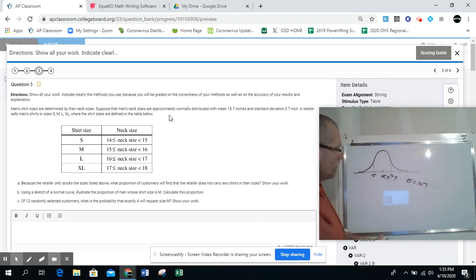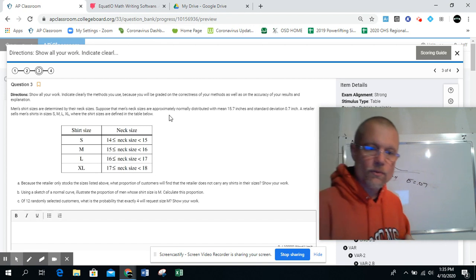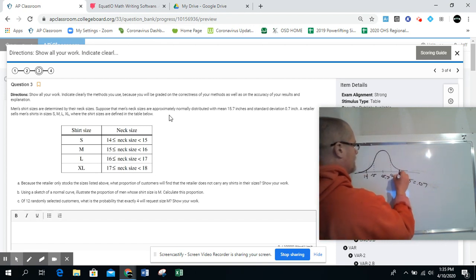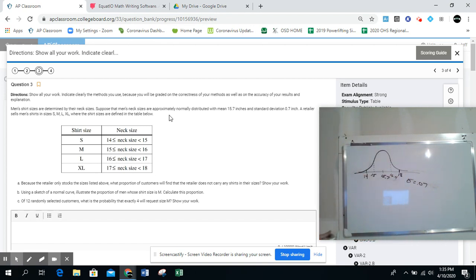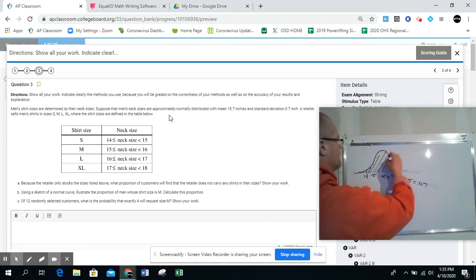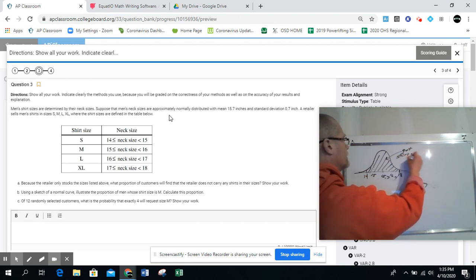Okay. So what we want is, we stock sizes all the way down to 14. Here's where 14 is, and all the way up to 18. Here's where 18 is, right there. So that means that all of these people get shirts. Great.